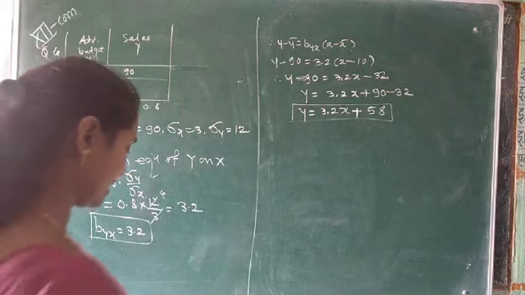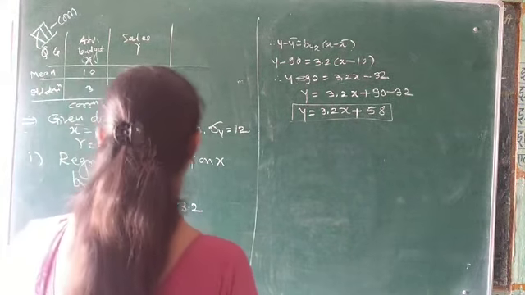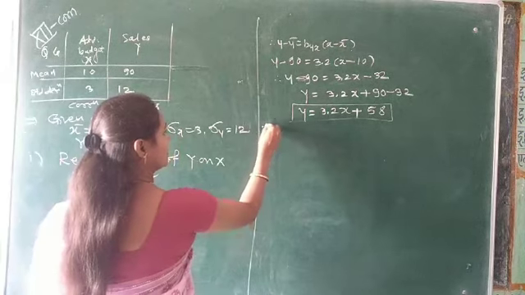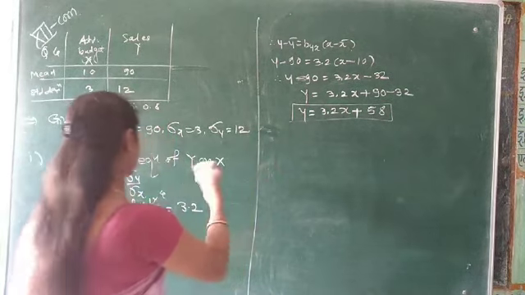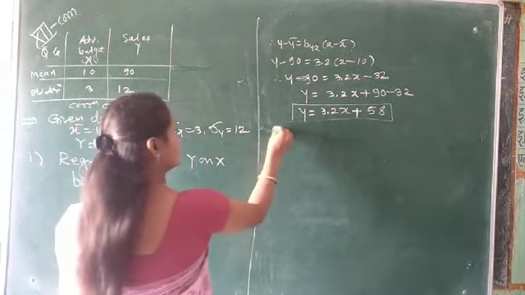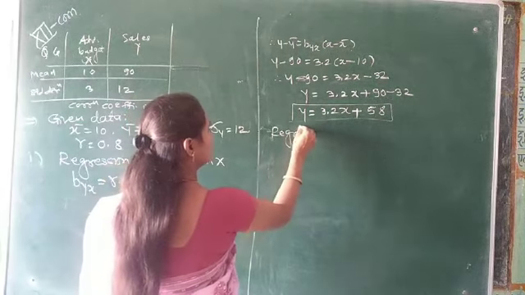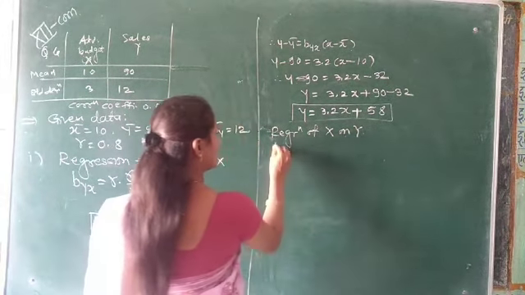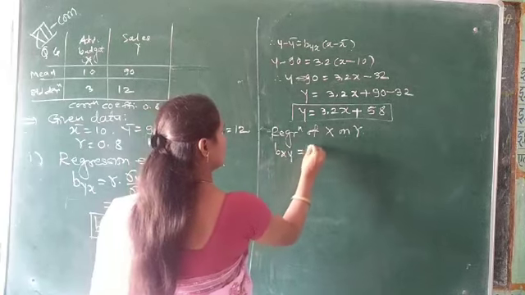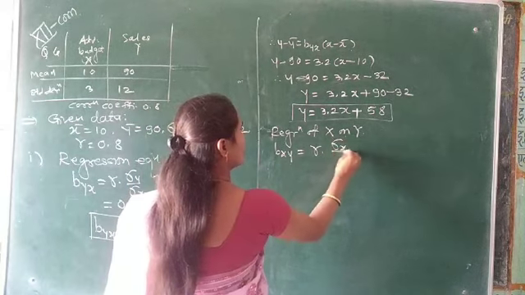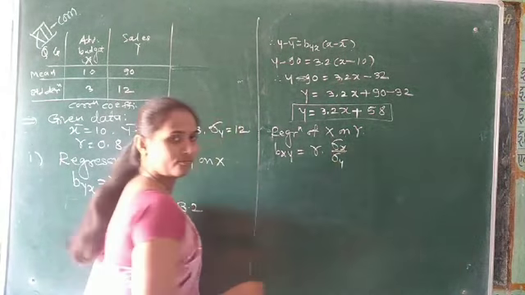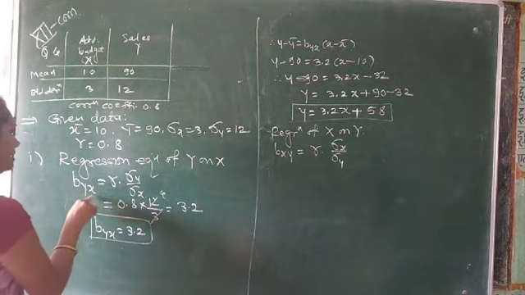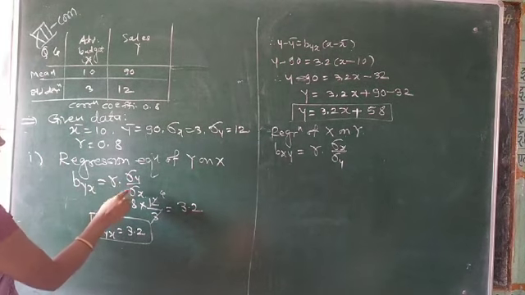Now we find the next regression equation, that is x on y. This is the second sub-question, the regression of x on y. So first we find the regression coefficient: r into sigma x divided by sigma y. Here remember, in byx it is sigma y upon sigma x.